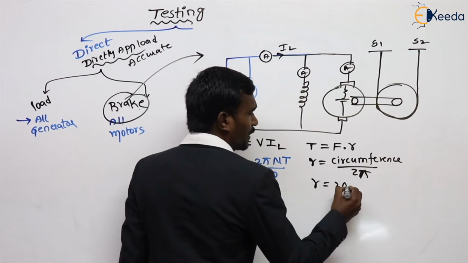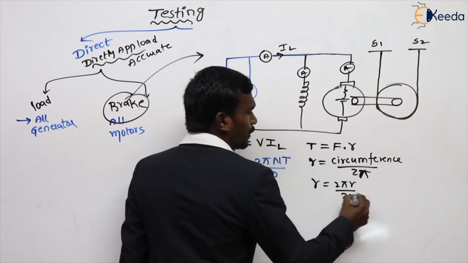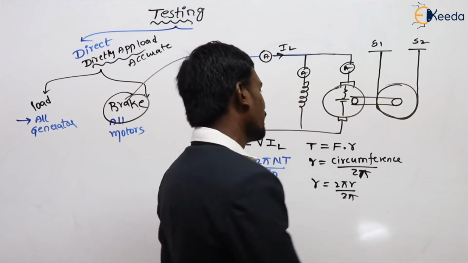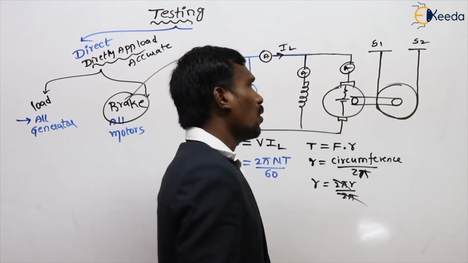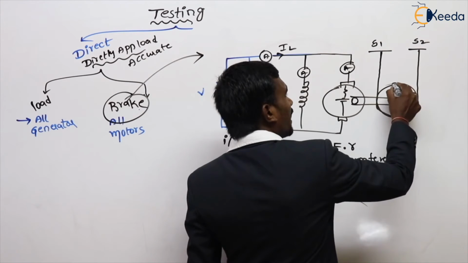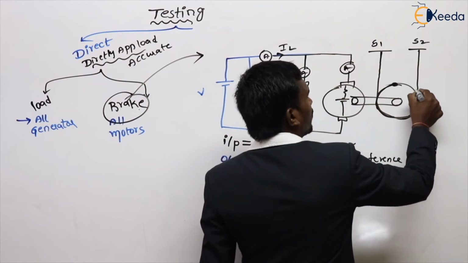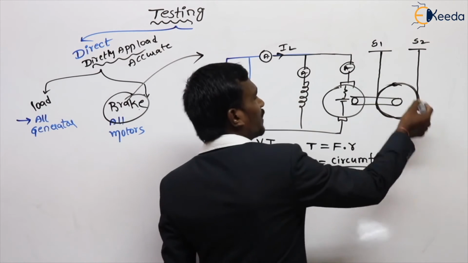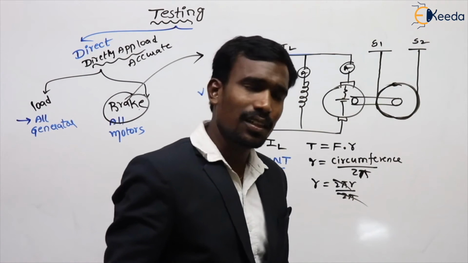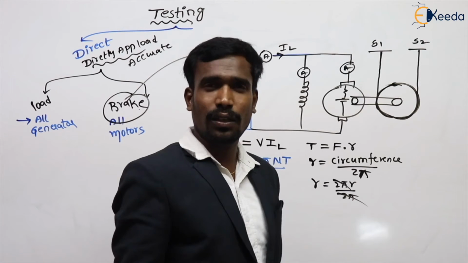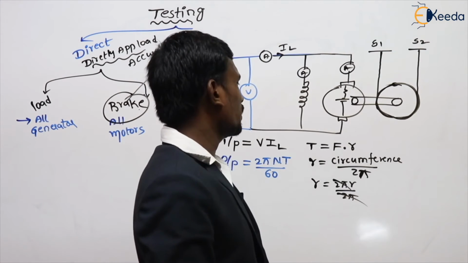Circumference is 2 pi R, and we know the value of 2 pi, so you can get the R value. How can we find the circumference? Take a wire, calculate the circumference, and get the radius of my rotor. So of course I got the radius.